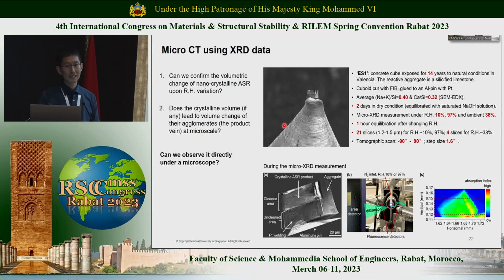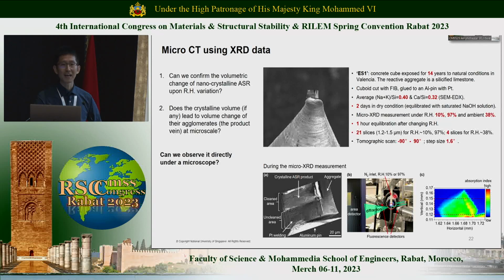So what we did is a tomography scan of a tiny sample which is extracted using FIB from a real concrete. This sample contains a very thick vein of the silicate ASR product. And we use a technology called micro-CT, but using the XRD data to reconstruct the spatial distribution of this material.